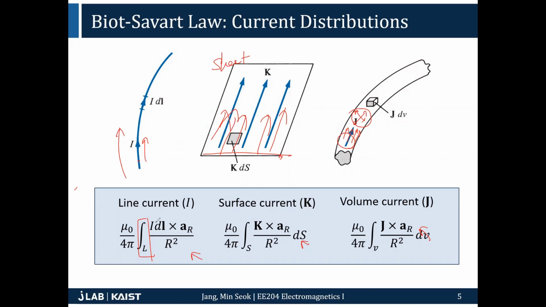You just integrate, the line integral becomes a surface integral and a volume integral. To do a surface integral, you define a current density. This is a surface current density, and this is a volume current density, J and K, different notations. I guess these are all trivial for you. It's just definitions.